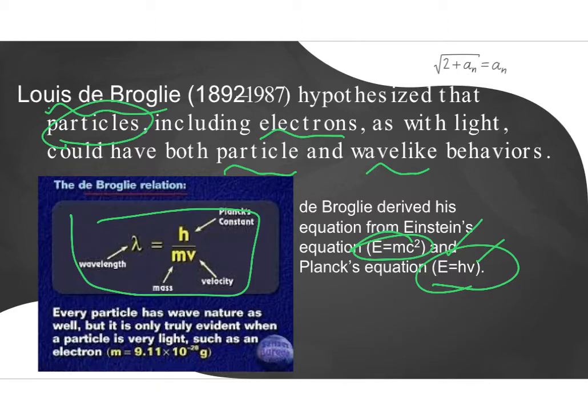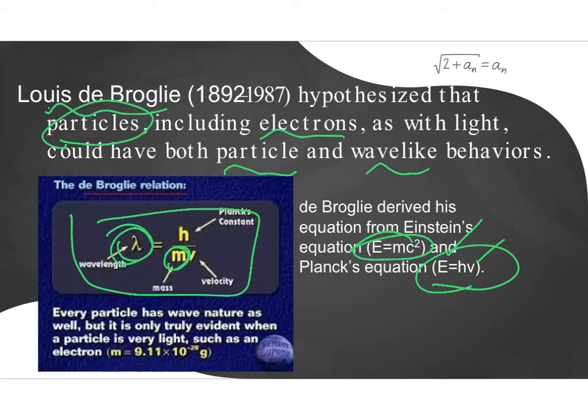The first, most important one, is that he is theorizing, as turns out it's supported with additional scientific evidence, that everything that has mass is also associated with a wavelength, okay?